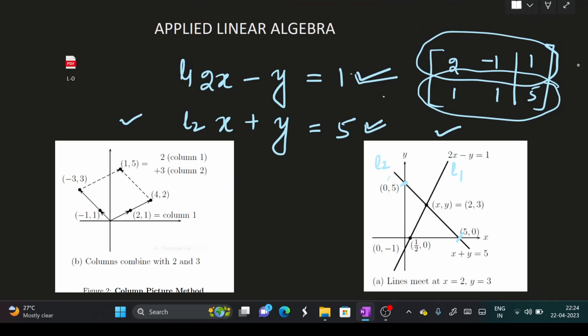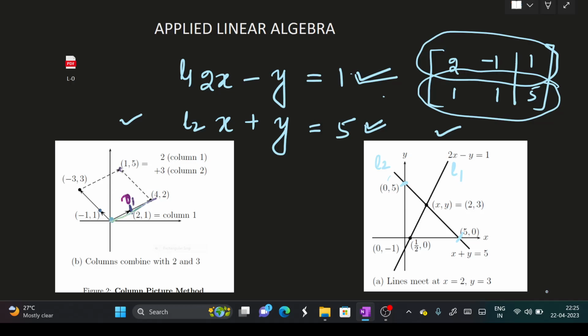So first I will plot this point, 2, 1, join it with the origin and extend it. This is my V1. Then I will plot this point, -1, 1, join it with the origin and extend it. We have done it.